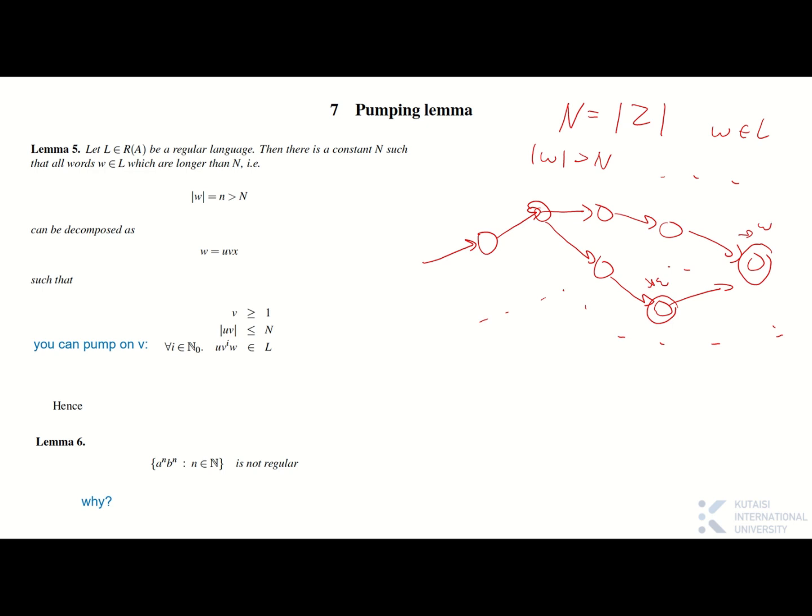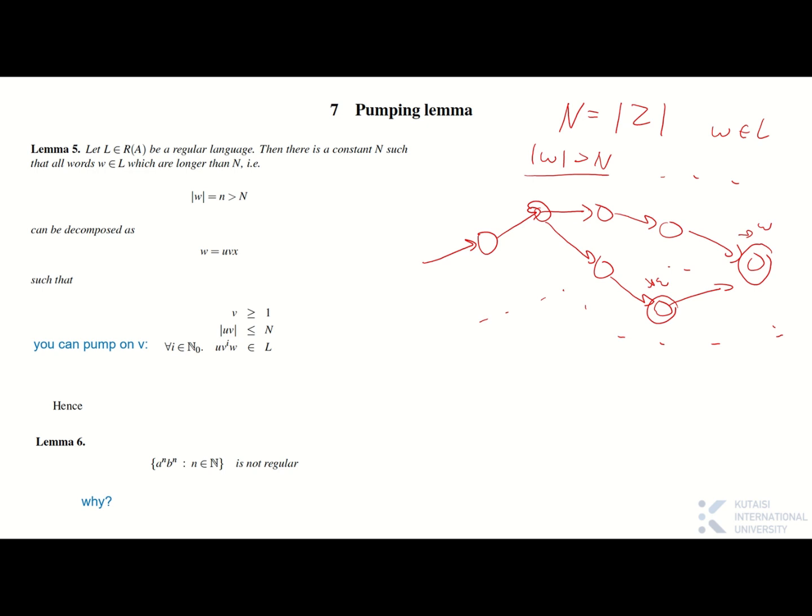What I'm claiming is that on its path on the graph of the DFA, one of the states has to repeat. The size of W is bigger than n. There are only n states, so it cannot visit everything just once. It has to visit at least one of the states twice.